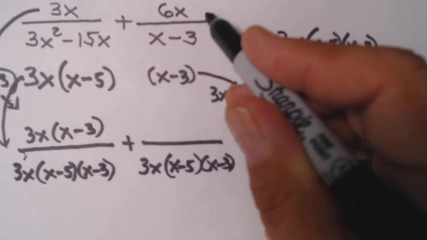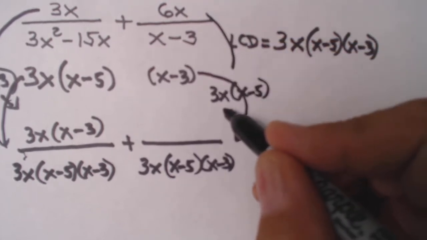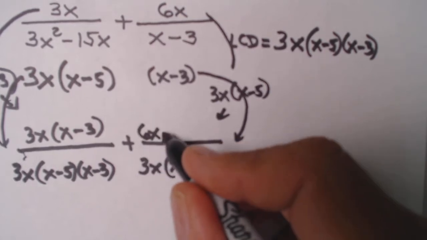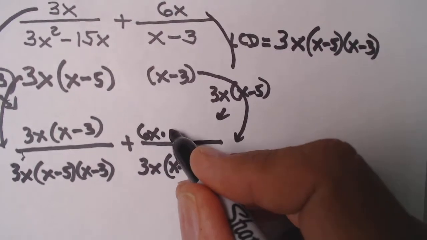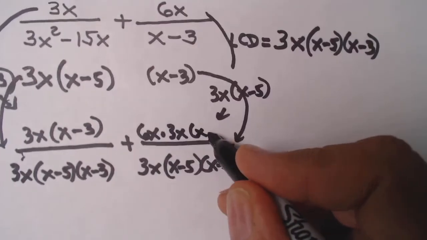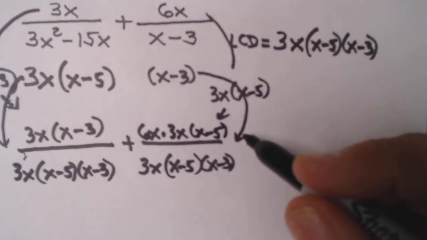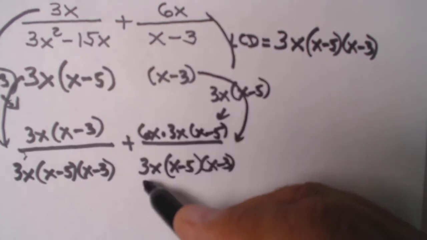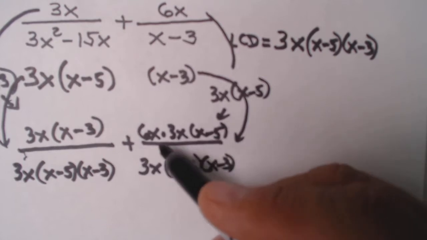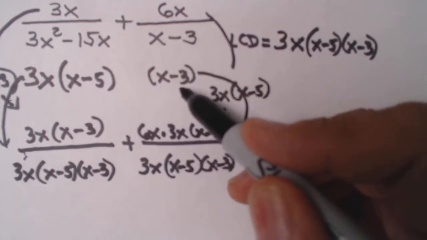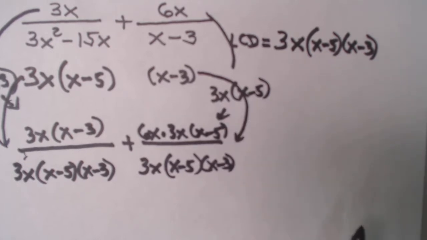That means we have to multiply the top by the same thing, so I'm going to have 6x times 3x times x - 5. Once again, if you were to reduce out the x - 5's and the 3x's, you'd have 6x over x - 3, and that's exactly what we should have here.